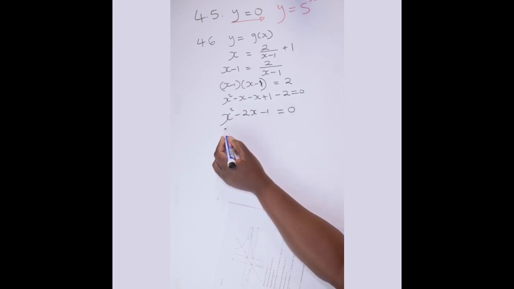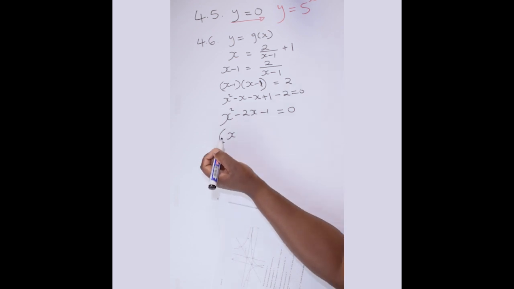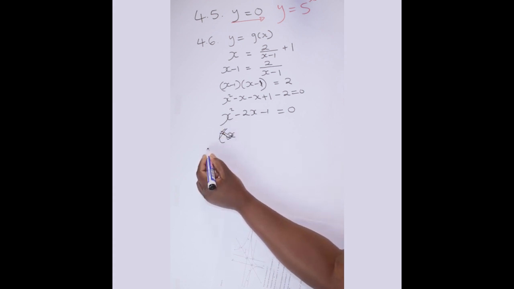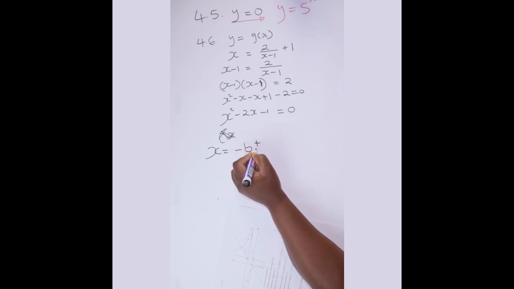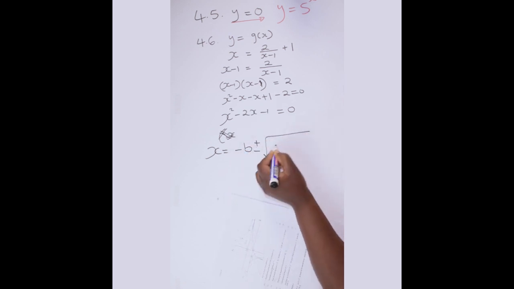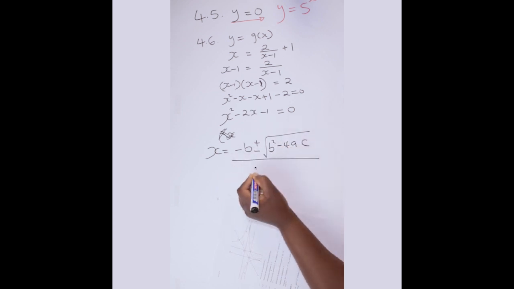When we look at x squared minus 2x minus 1, we will now have to use a formula, which is the quadratic formula. It is x equals negative b plus or minus the square root of b squared minus 4ac, all divided by 2a.